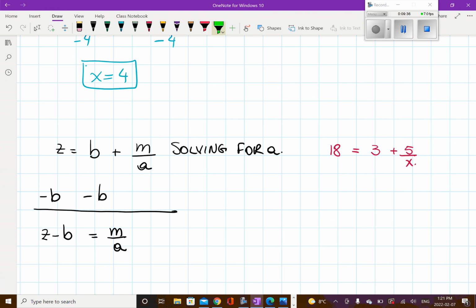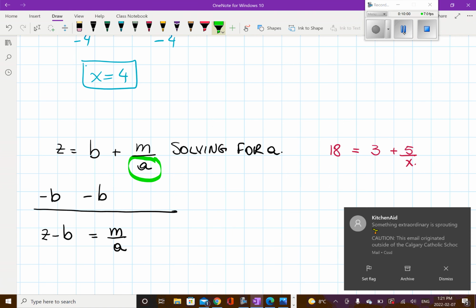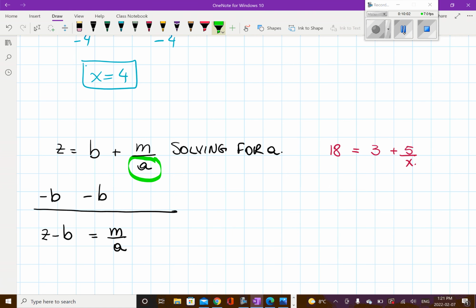The variable that we are solving for, that is a in our case, is considered to be an x, and the rest of the variables, even though we don't know the value of those variables, we consider them as numbers. And this is why, side by side, z is the same as saying a number 18, b is the same as saying 3, and m is the same as saying 5.